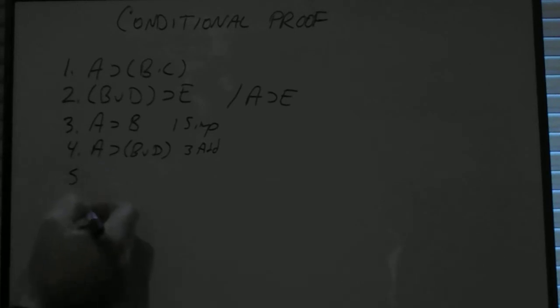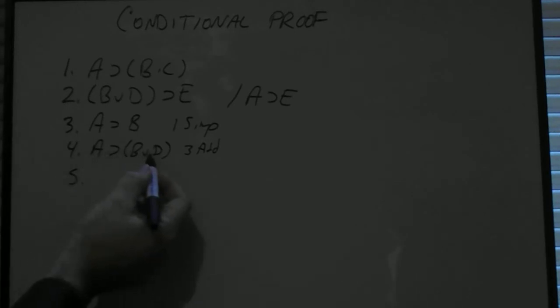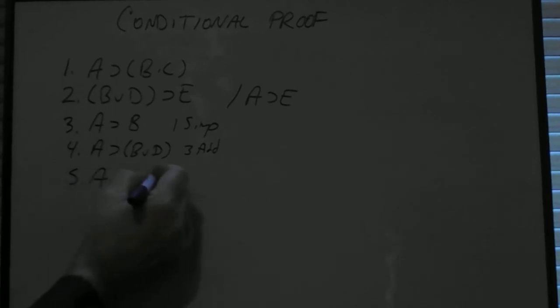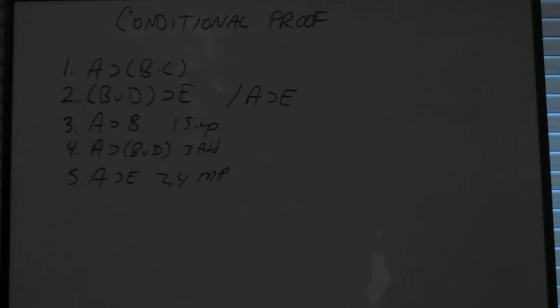And now we have if A, then B or D, then E, therefore if A, then E from 2 and 4 modus ponens, and we're done without any fancy shenanigans taking place, without having to use a conditional proof.